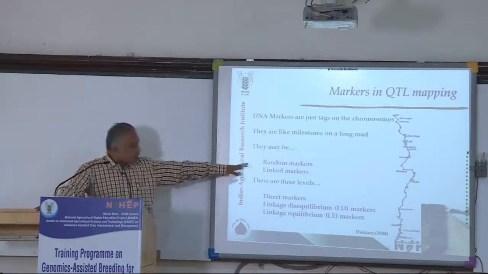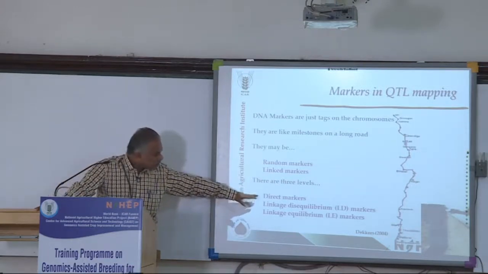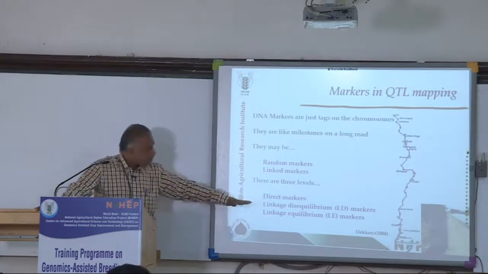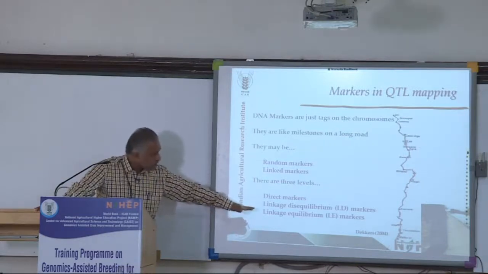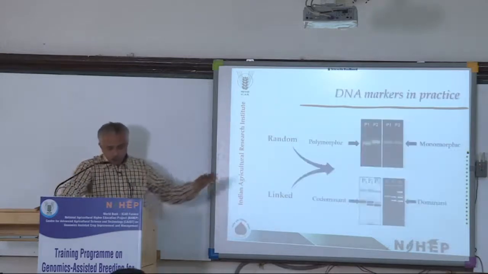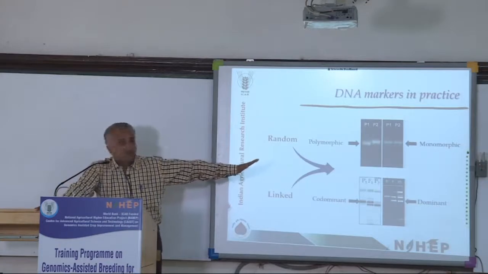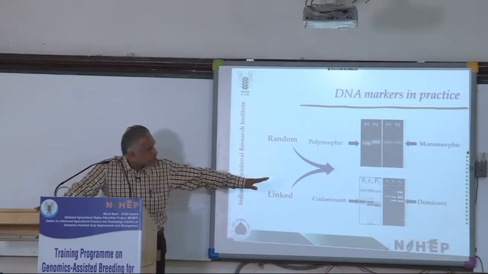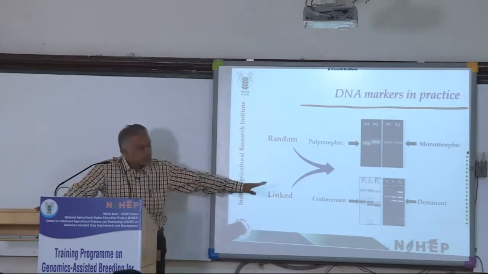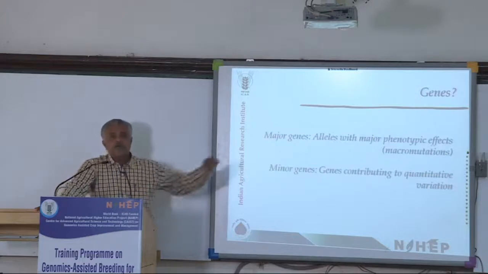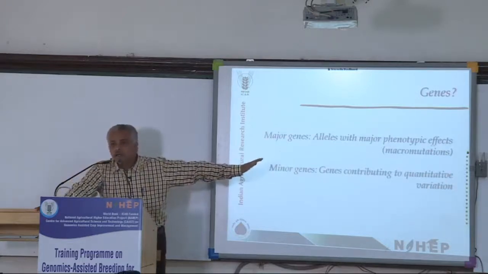You can have direct markers, markers in LD, and markers in LE. Then you will have markers which are monomorphic and polymorphic, dominant and codominant, which we have already discussed.